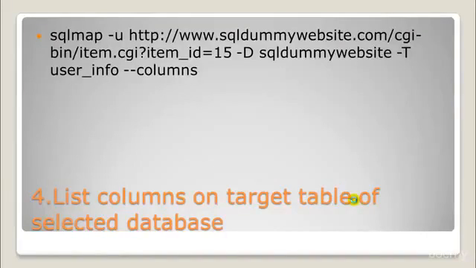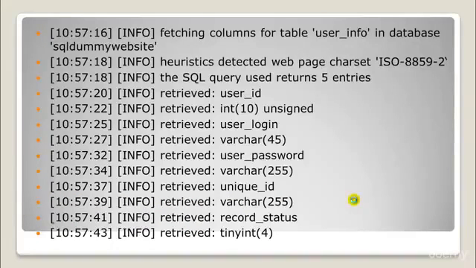That's sqlmap -u http dummywebsite.com and -D SQL dummy website -T user info --columns. So this specific query, when run, will give us these specific columns. That is the user ID, int unsigned, user login, varchar, user password, varchar, user ID. So this is exactly what we're looking for. Target table, user login, and user password.